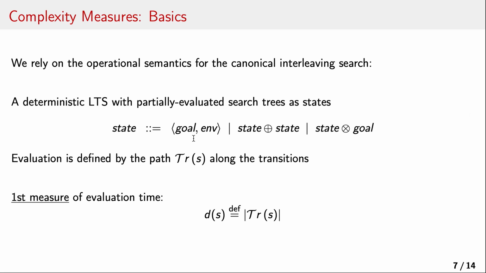The leaves are lazy goals that should be forced and executed in some environment, and nodes represent partially evaluated disjunctions and conjunctions. Evaluation is then defined by the path along these transitions, which is called a trace. One natural measure for evaluation time is the number of transitions in this trace.